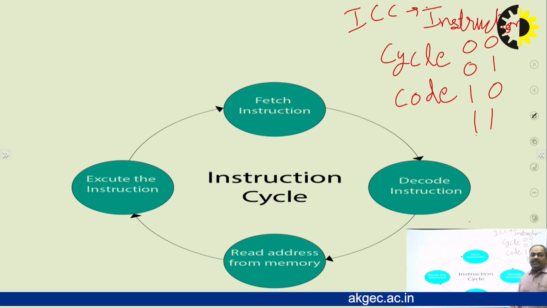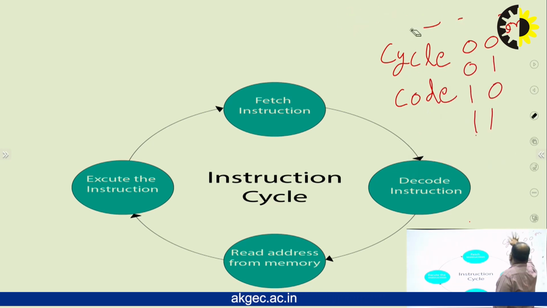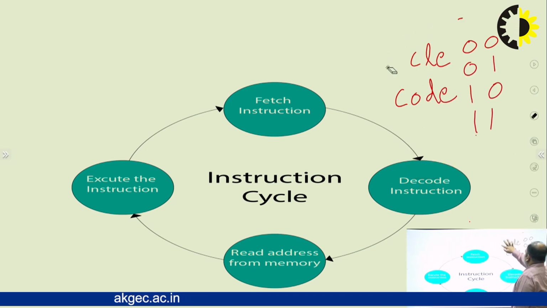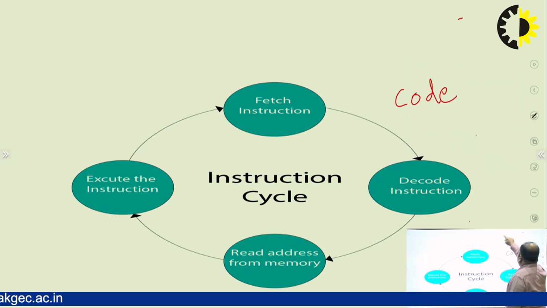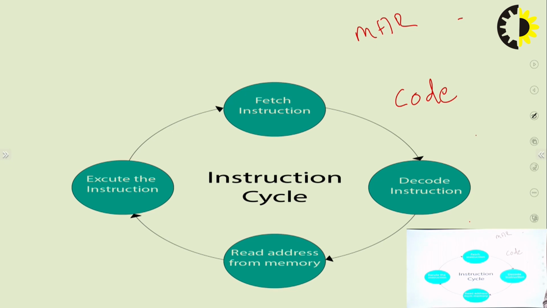The role of the 4 registers we mainly use for the construction of our CPU: first is MAR. MAR, the full form is memory address register. What does it mean? When we execute any instruction, the memory address is defined through our memory address register, and the connection is done through the address bus.